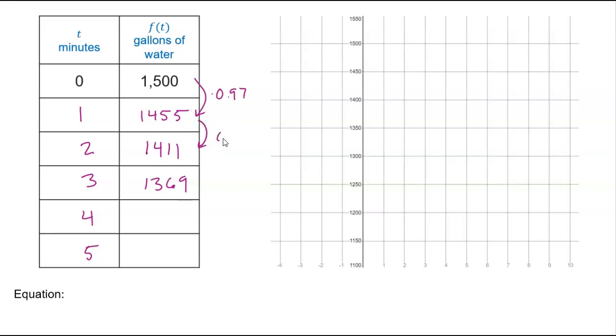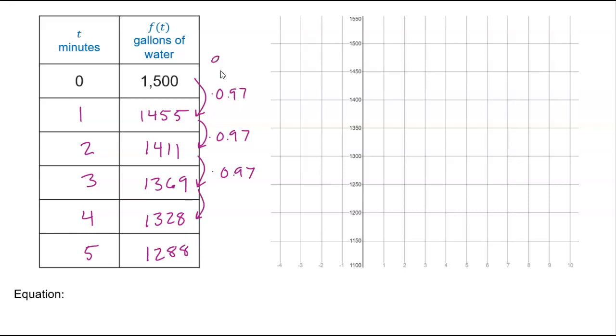We're multiplying by 0.97 each time. I get 1328, and our last one is 1288. So you can see the pool is in fact draining. It's going down in the number of gallons that are left.